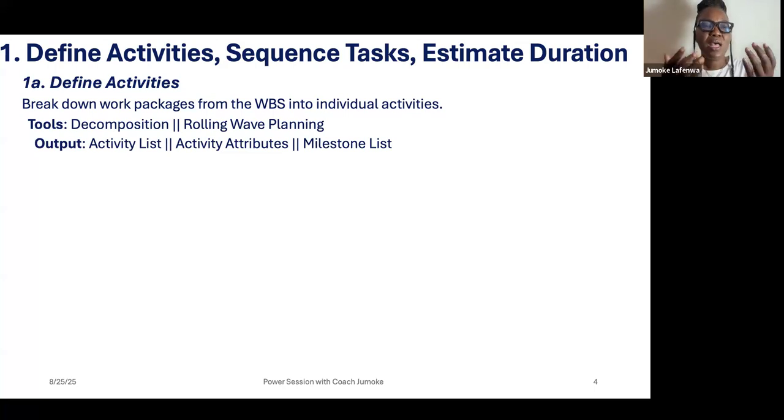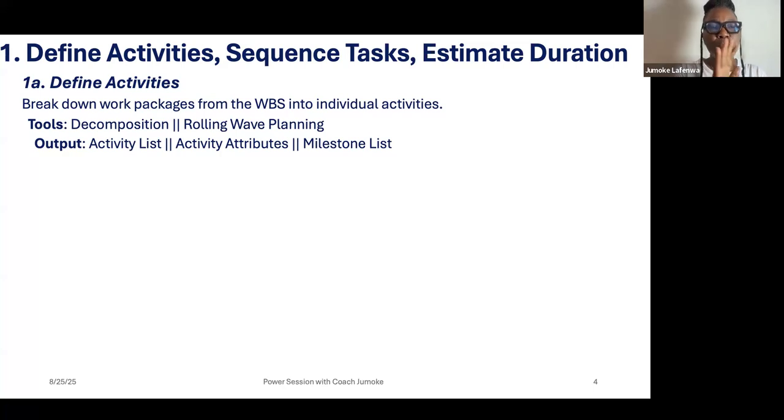And of course, the output of defined activities will be 1 activity list, 2 activity attributes. That is what you will use in describing, distinguishing the respective activities. And then the milestone list, so that you can tell once this is done, especially for predictive methodology, where as you complete milestone, you deliver report and then like updates.